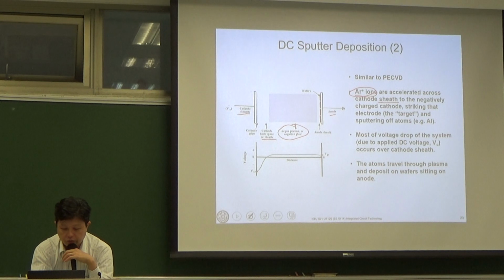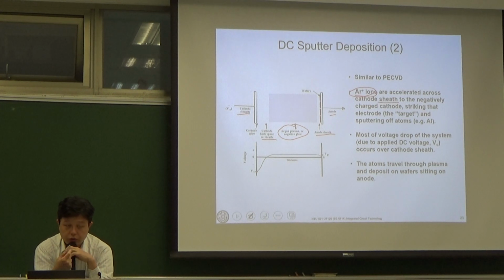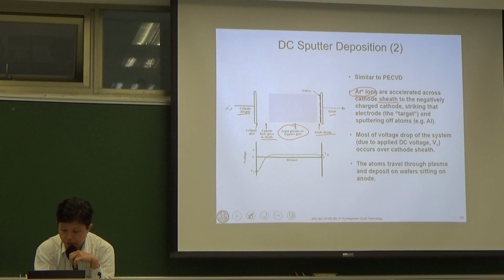So we have cathode sheath, anode sheath, in which area we don't have any glow because of depletion of some active ions. So we won't see any glow here, no color here. Okay, so that argon will strike this target electrode and sputter out, let's say, maybe aluminum.